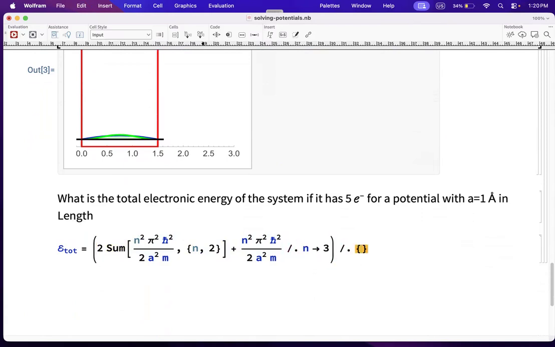And I have to replace A in meters. 1 angstrom is 1 times 10 to the minus 10 meters. So I could do it in joules. h bar is h, that is 6.626 times 10 to the minus 34, divided by 2 pi.